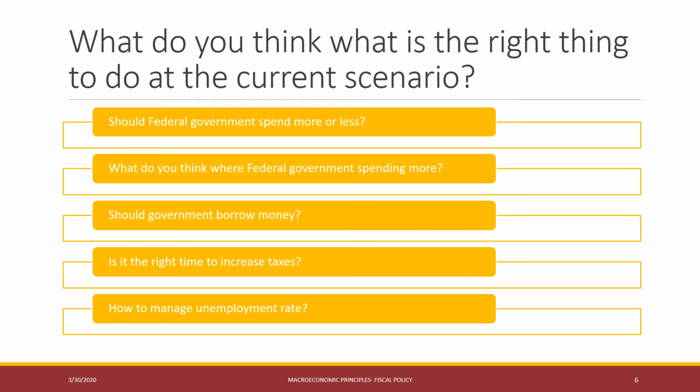Where should they spend more, in which areas, in which sectors? Should the government borrow more money? Is it the right time to increase taxes? How to manage the unemployment rate? And can you link all these questions to government spending? Well, the answer lies in understanding fiscal policy.